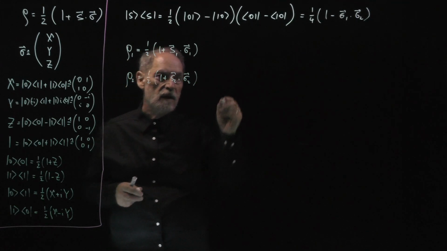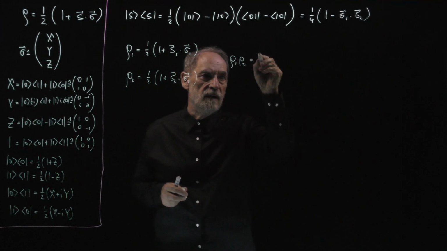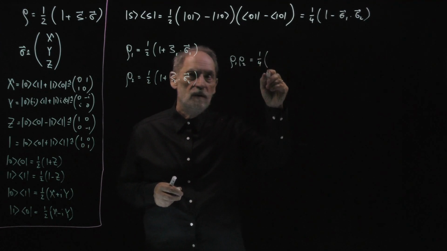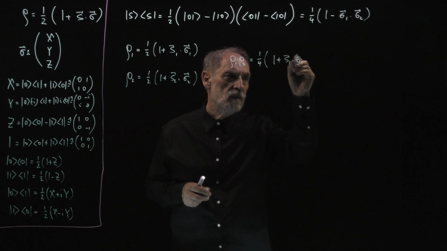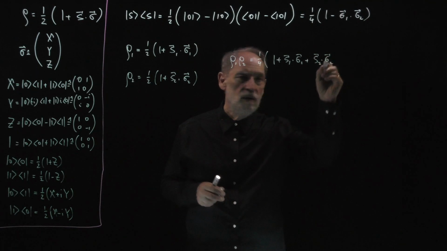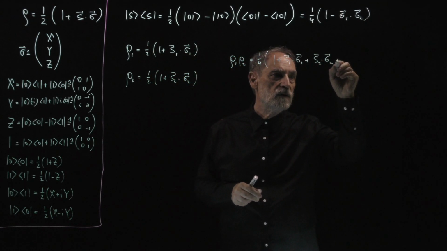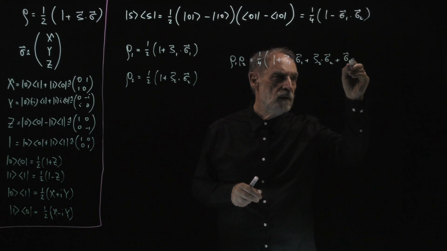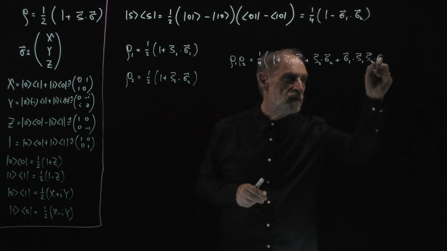And if I just multiply this together, the rho 1 and rho 2, the kind of structure I get is a quarter, and then we have 1 plus S1 dot sigma 1 plus S2 dot sigma 2, just by multiplying these pieces. And there's one more term, which is sigma 1 dot S1 and then S2 dot sigma 2.